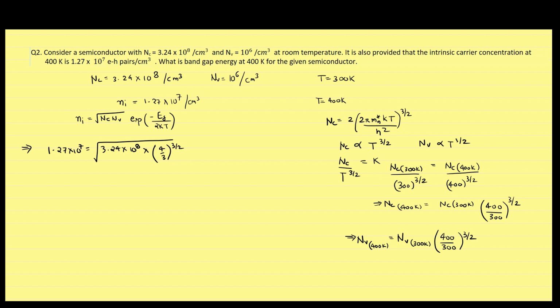Now Nv at 400 Kelvin will be equal to 10 to the power 6, which is Nv at 300 Kelvin, multiplied by 4 divided by 3 raised to the power 3 by 2. After that we have exponential minus Eg divided by 2 into 26 into 4 divided by 3.